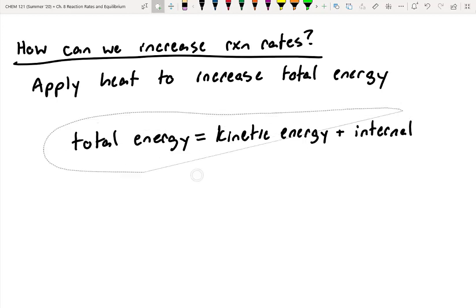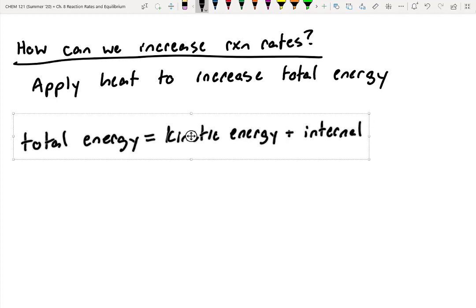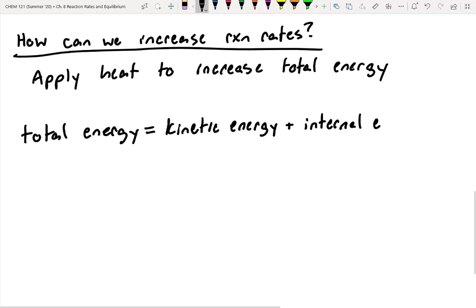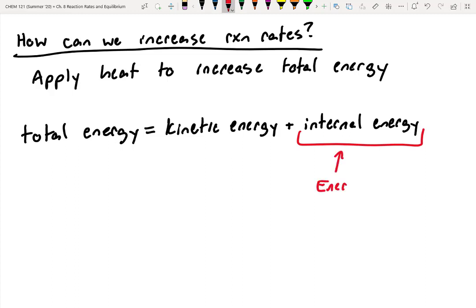Let me slide this all over a little bit. But internal energy basically describes the energy associated with vibrations, or even atomic vibrations down to a certain level.